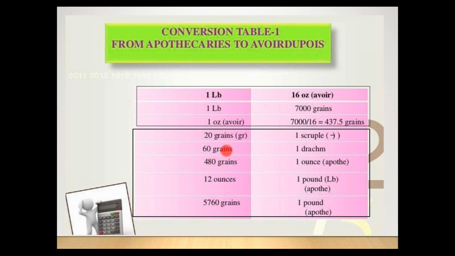In the apothecary system, 20 grains is 1 scruple, 60 grains is 1 dram, and 480 grains is 1 ounce. 12 ounces is equal to 1 pound, and 5760 grains is equal to 1 pound. So whatever we studied so far is the measurement of weights in the imperial system, in the same way we see weights in kg.